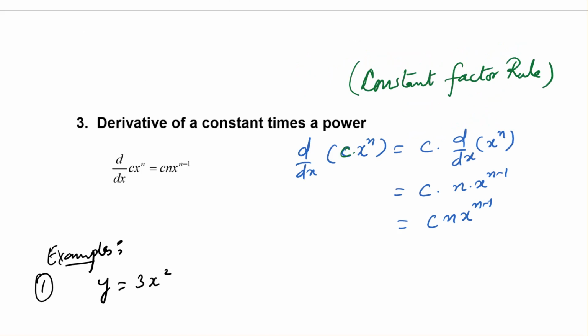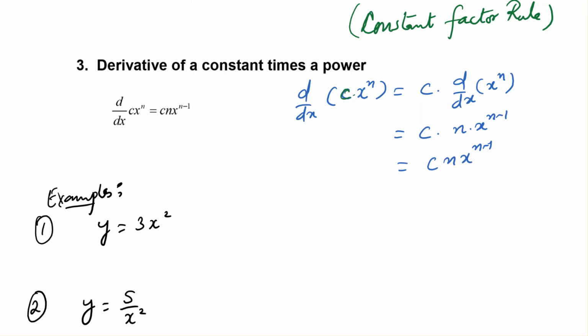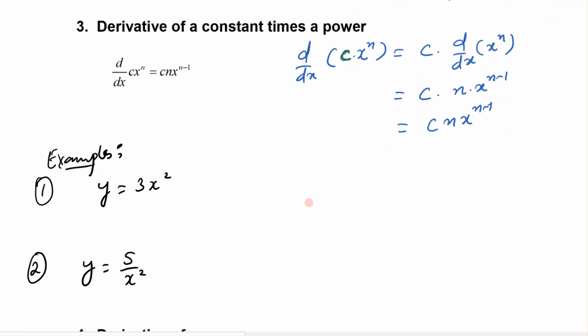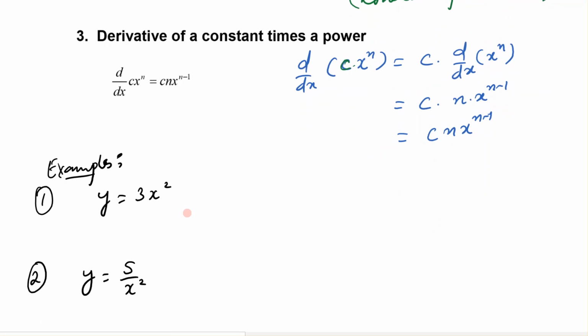This rule is also called the constant factor rule because the constant c is multiplied with the function, so c is a factor. Let's try a few examples. First, we have y is equal to 3x squared.